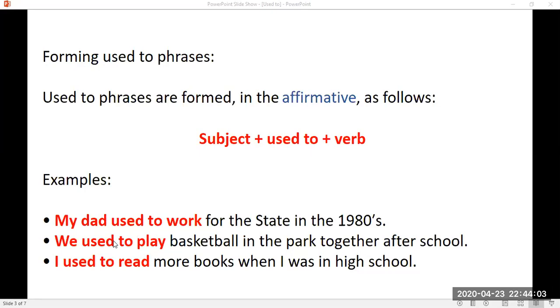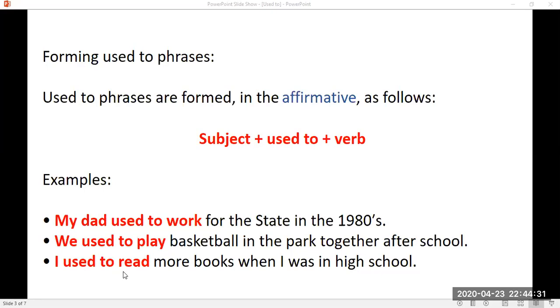In the second example, we used to play basketball in the park together after school. So these speakers say that when they were at school, or when they were studying in school, they used to play basketball in the park when they finished their classes. But surely now they are not at school. So that's why they said we used to play basketball in the park together after school.